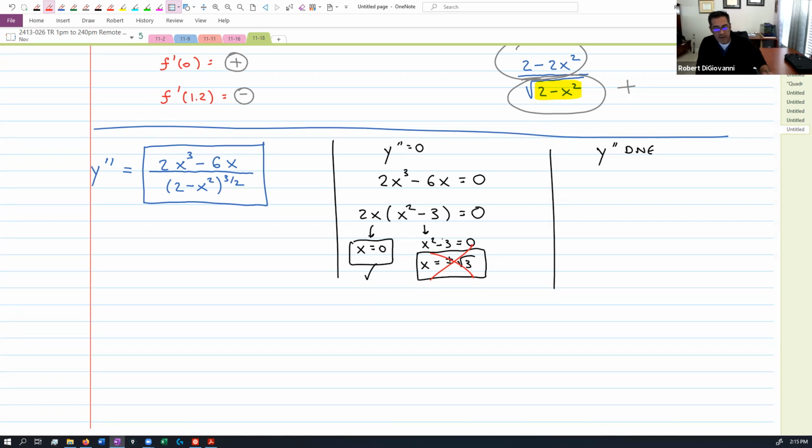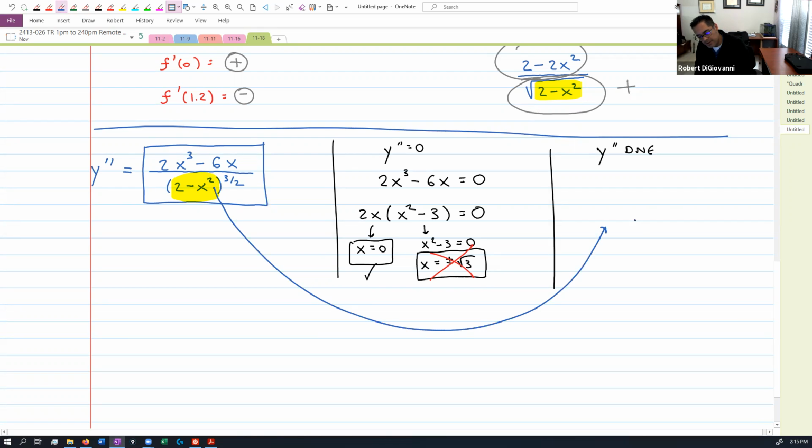Now, where the derivative doesn't exist is the same question we had before, because you see this 2 minus x squared underneath? That right there is really the square root of 2 minus x squared, that whole thing cubed. That's what that really means, right? To raise it to the 3 halves is the same as taking the square root and cubing it.